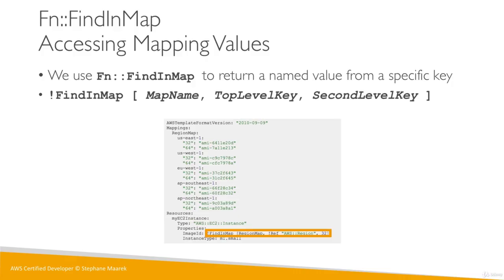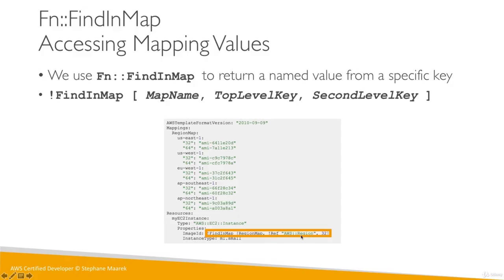And so if we look at this little CloudFormation template, we can see we have our region map that we have defined from before. And so if we want to create an EC2 instance, and get the right AMI ID, then we use the FindInMap function for the image ID. And so the first one is the map name. So we'll use RegionMap because here it's called RegionMap. The second is that we want a reference to the AWS region we're in.